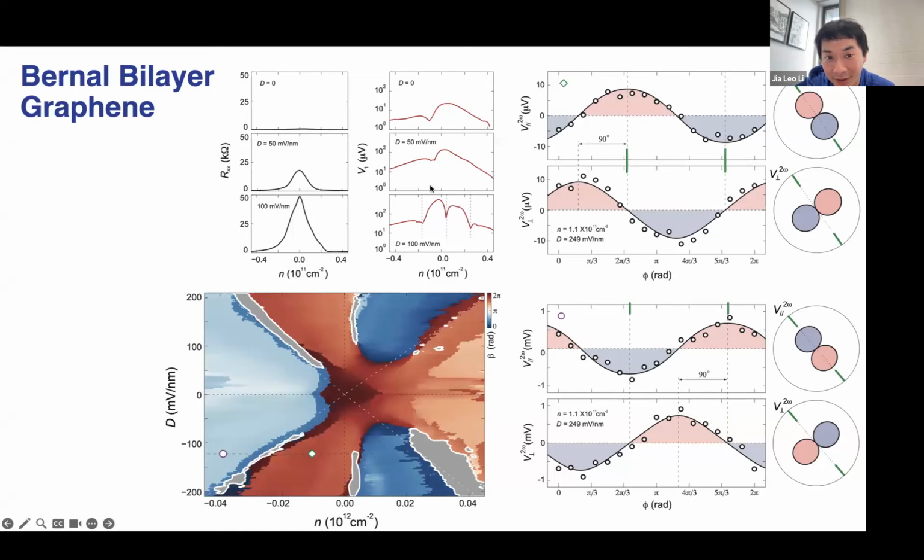But at the same time, if you look at the angular oscillation, it's highly dependent on displacement field. When you open up the band gap, it increases by 3 orders of magnitude, right? So it seemed to be consistent with the fact that it's Coulomb-driven. When you make the band flatter, the Coulomb is stronger, and then this non-reciprocity becomes a lot more robust. But why it's picking one compared to others, that I don't know.